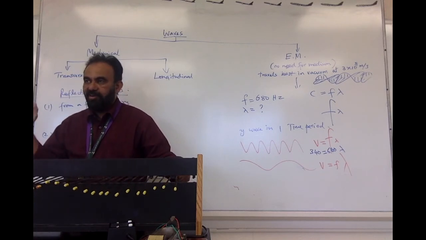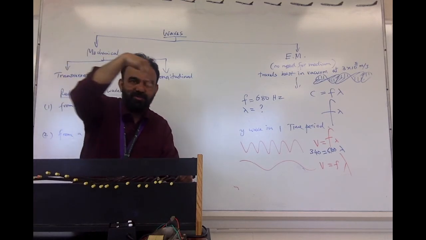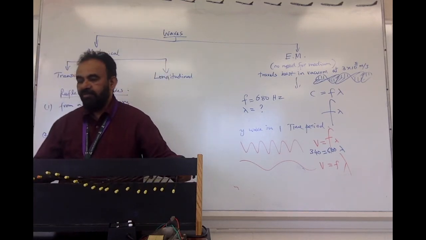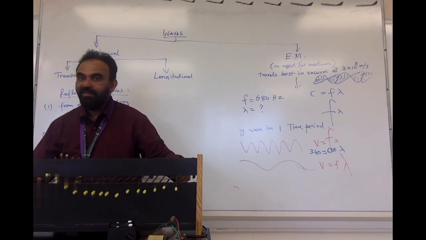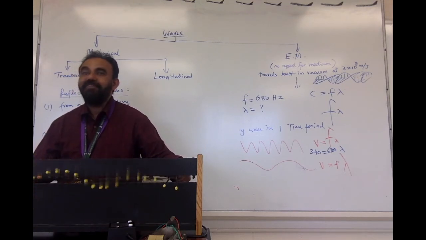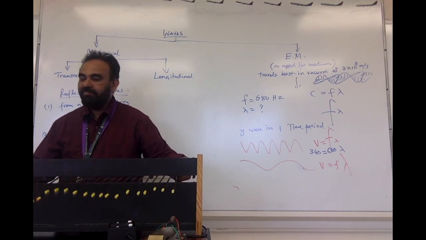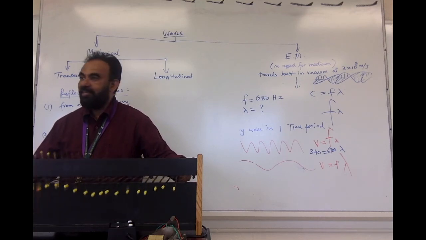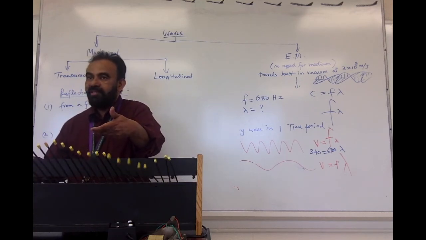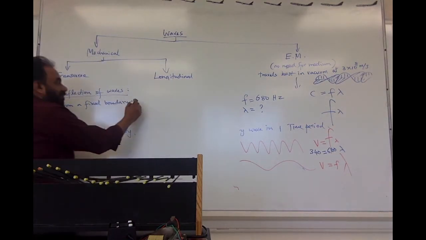I'm creating a crest. And watch that as it goes and hits the other side. What happened? It flips. Again, I'll show you once again. The crest flips and comes back as a trough. You get it? Yeah.